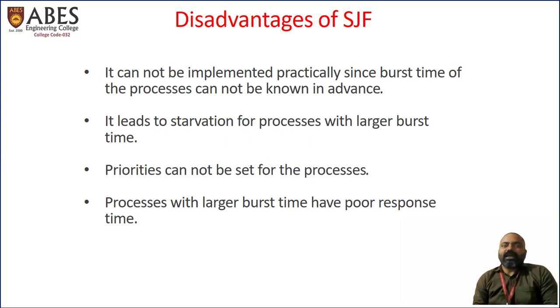Second, it can lead to starvation for those processes which have larger burst time, priorities cannot be set for the processes in this algorithm, and processes with the largest burst time have poor response time.